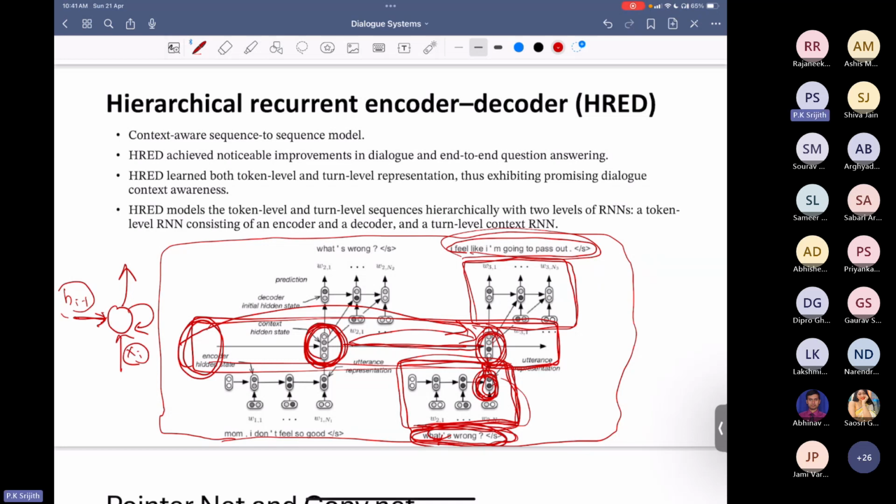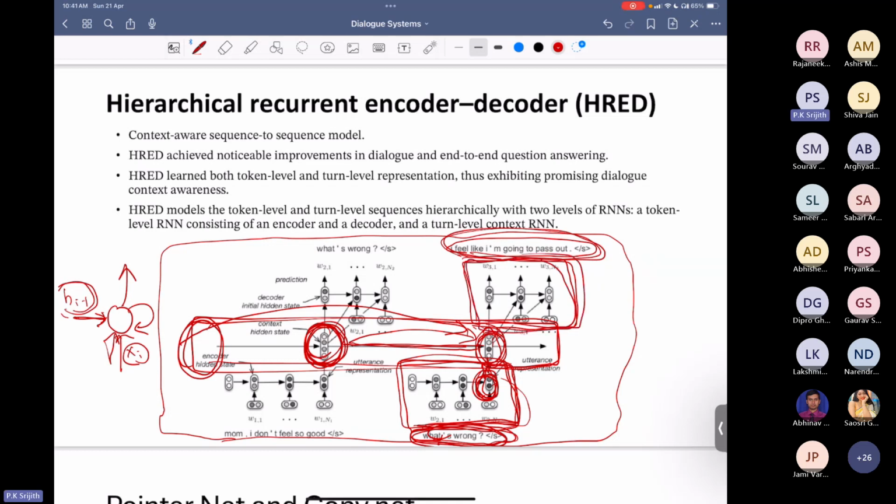That is passed as input, and the hidden representation from the previous turn is the previous hidden state.